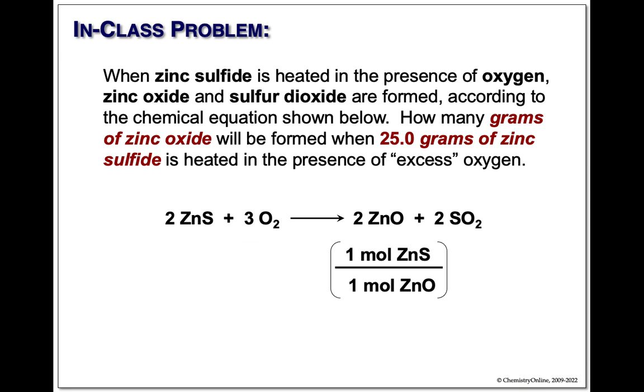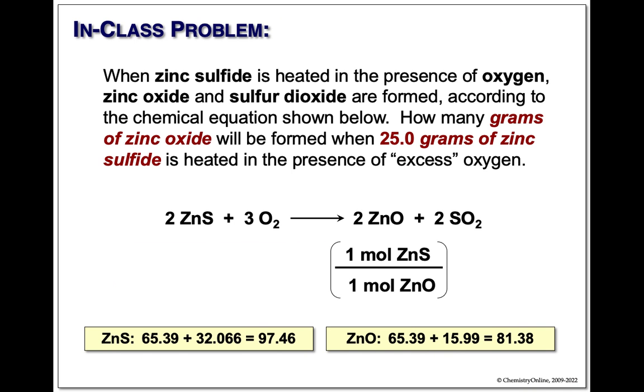1 mole of this, 1 mole of that. Now we know that 1 mole of zinc sulfide is 97 grams of zinc sulfide. And 1 mole of zinc oxide is 81 grams. So instead of writing in molar quantities, we can simply put them in as mass quantities.